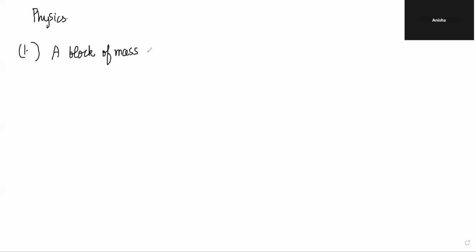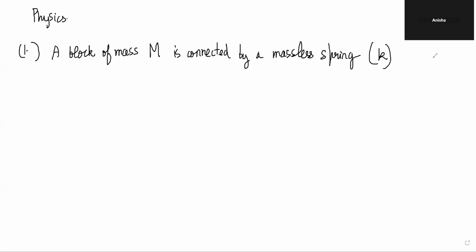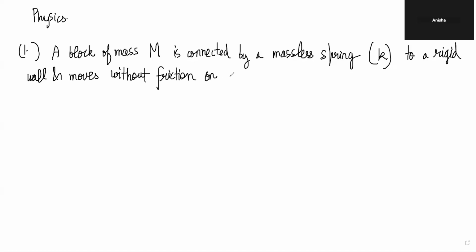A block of mass M is connected by a massless spring of spring constant k to a rigid wall and moves without friction on a horizontal surface.